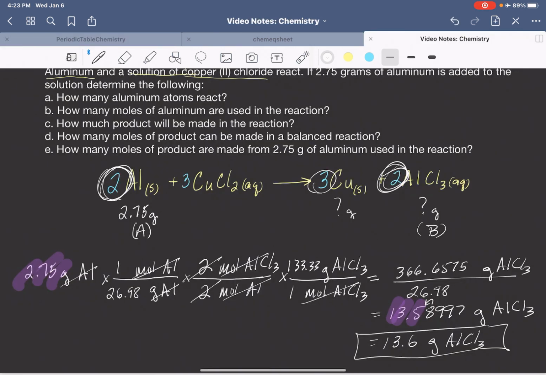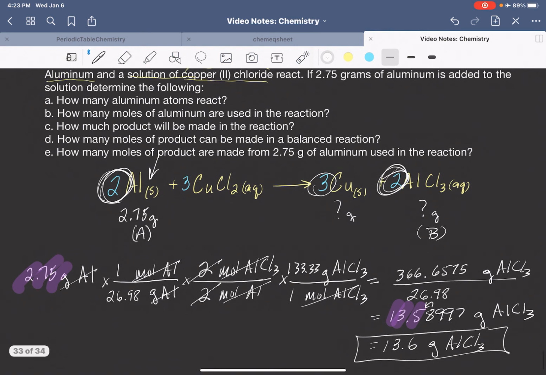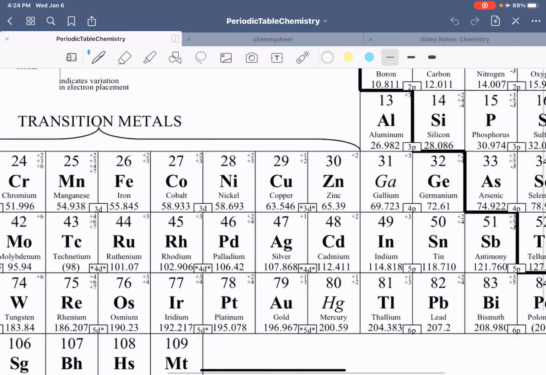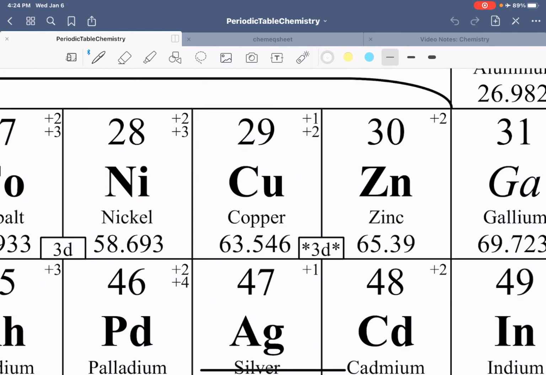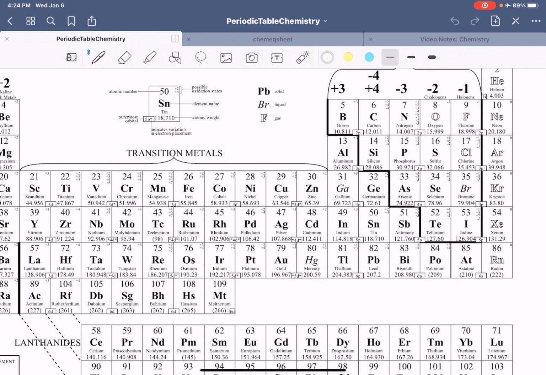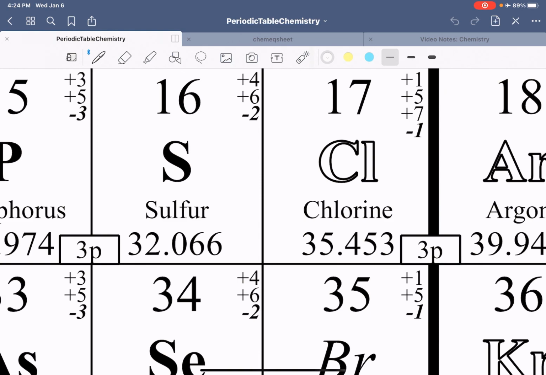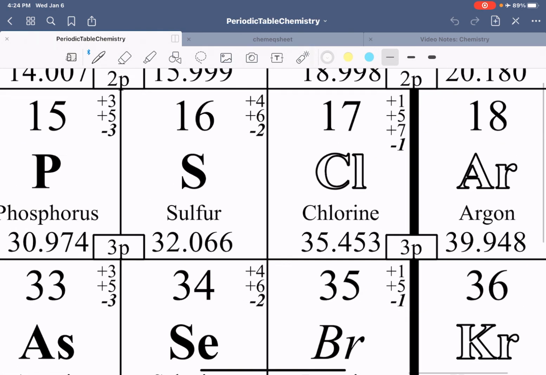We're starting off with aluminum right here. And aluminum is 26.98. Copper and chlorine, by contrast, copper is 63.55, chlorine 35.45, and there's 3 of those.